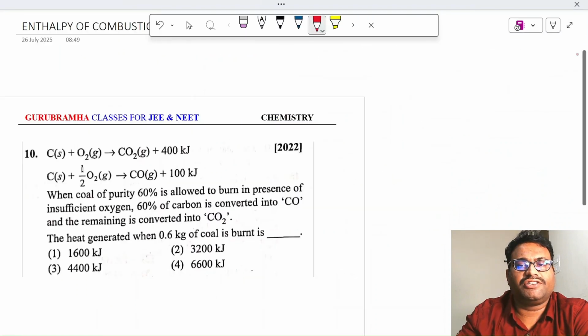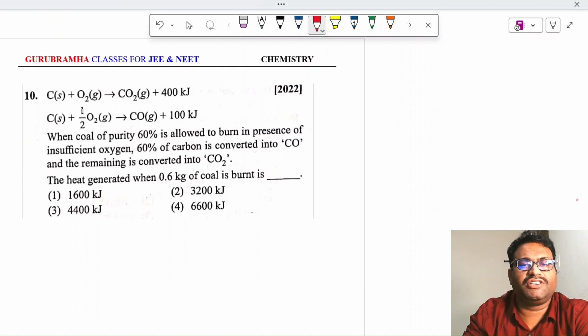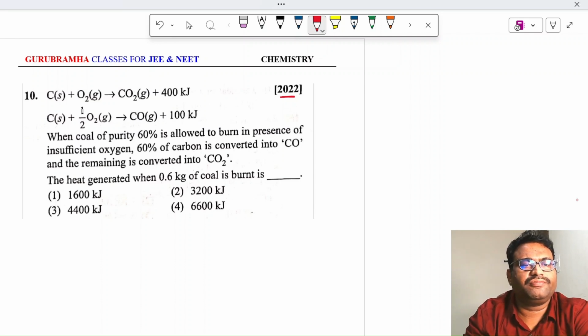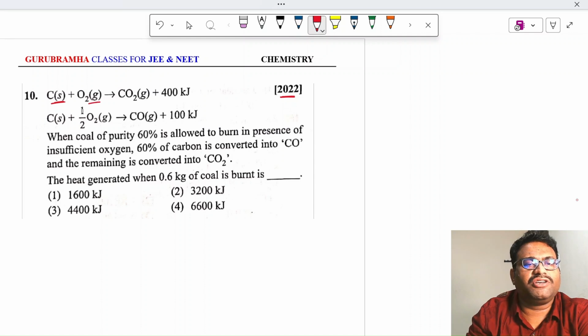So when is this asked? This is asked in 2022. Okay, what is the question? Carbon in the solid form, on combustion, gives carbon dioxide, releasing 400 kilojoule.